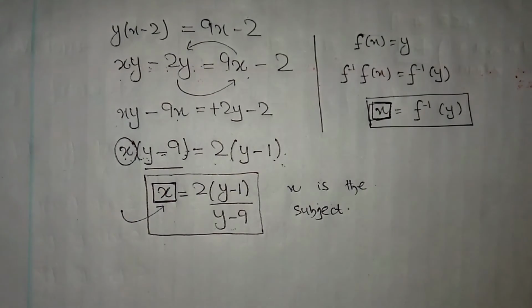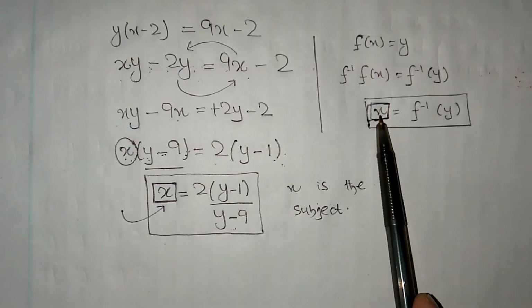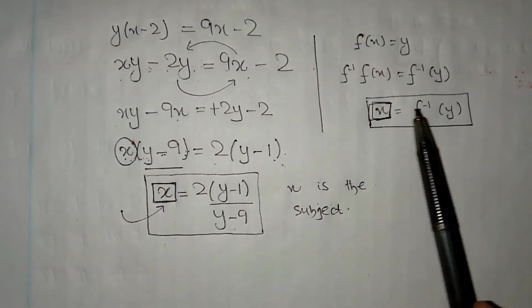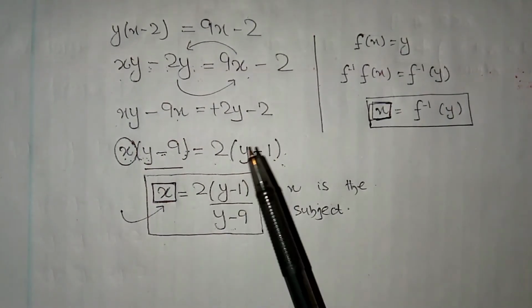In simple words, this is also a left-hand side, and when the left-hand sides of two equations are equal, then their right-hand sides are also equal.